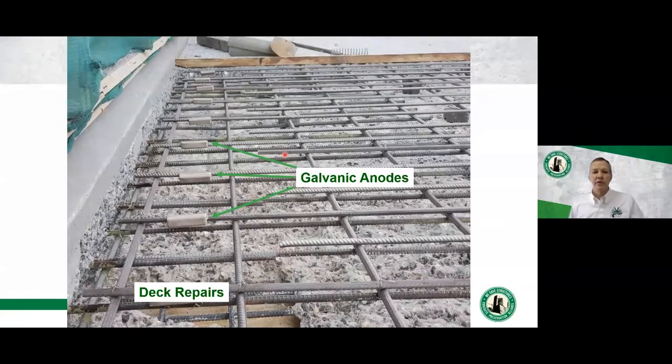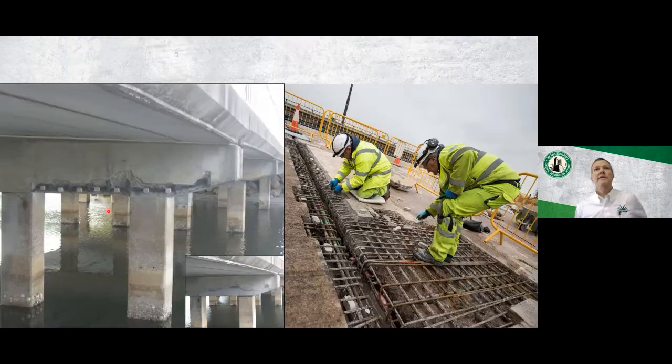A couple of examples. Here you can see galvanic anodes installed along the edge of a repair where obviously chloride contaminated concrete still remains. This slide, you can see repairs done on a marine bridge where you've got galvanic anodes to provide localized corrosion protection in the vicinity of this repair.